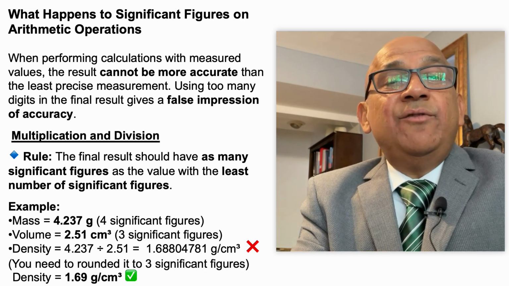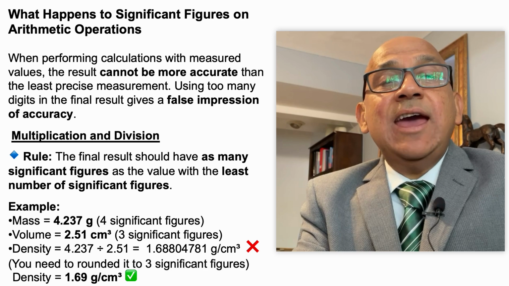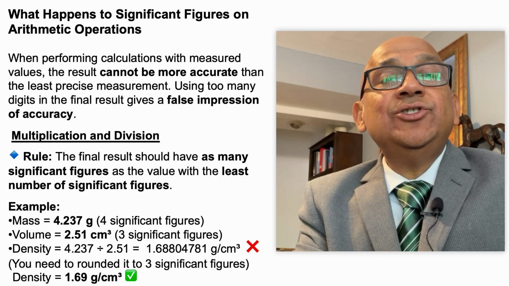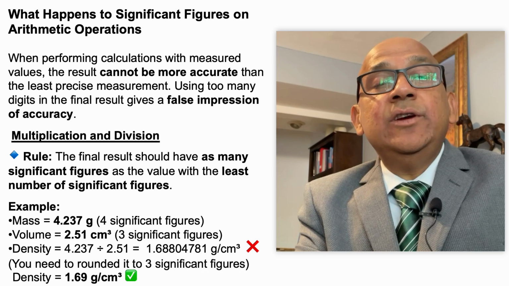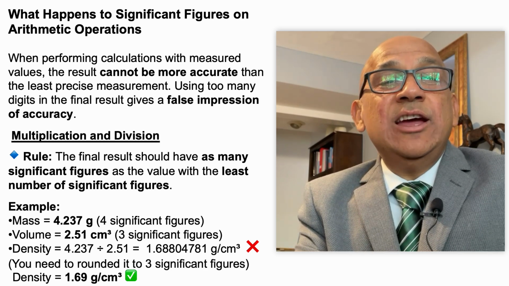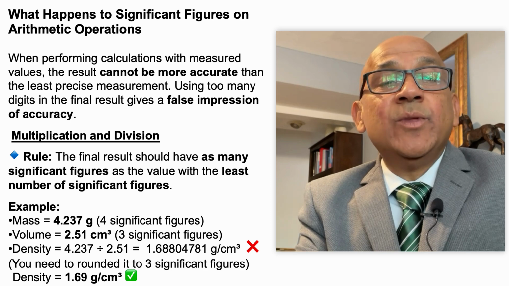The rule is the final result should have as many significant figures as the value with the least number of significant figures. So, we will understand this rule with the help of the following example.